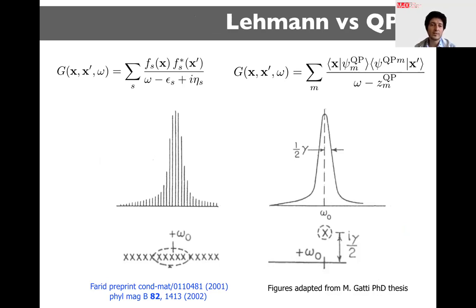The Lehmann representation basically leads to a picture where you have infinitely many poles given by epsilon s. Epsilon s is a total energy difference, so those are poles on the real axis. And in the continuum limit, these form a branch cut, a mathematical branch cut on the real axis for the fully interacting Green's function.